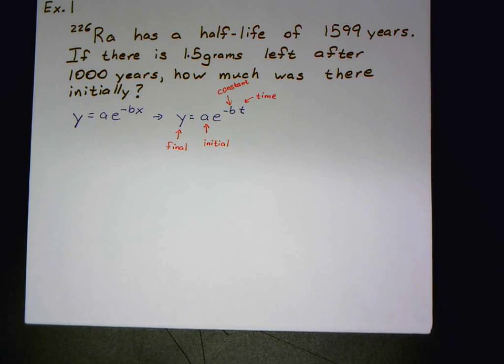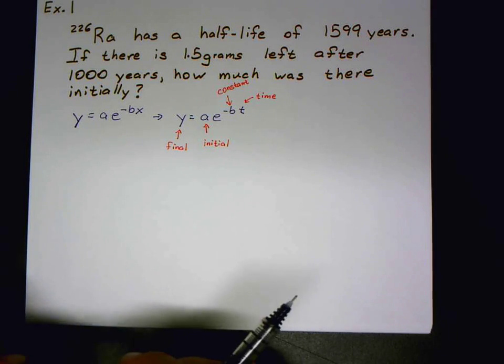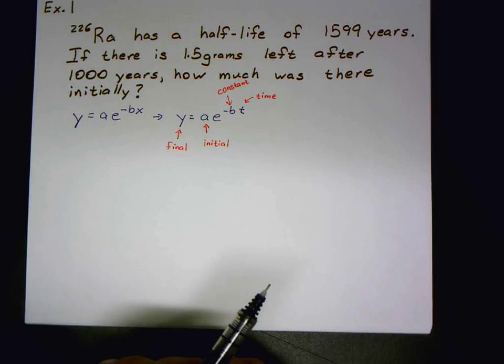So our first step is we have to figure out what B is before we can solve our problem. We have to figure out what B is for the element Ra. I think it's radium, but I don't know that. I was good at chemistry, but not excellent at chemistry. And it's been a while.